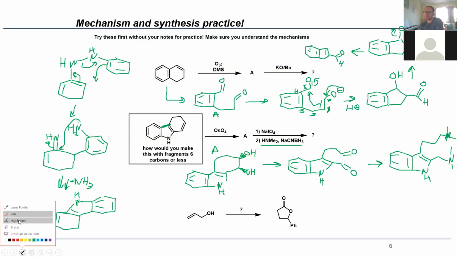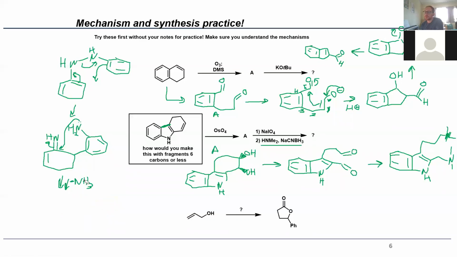Okay. And so for this bottom problem, it's a synthesis problem.